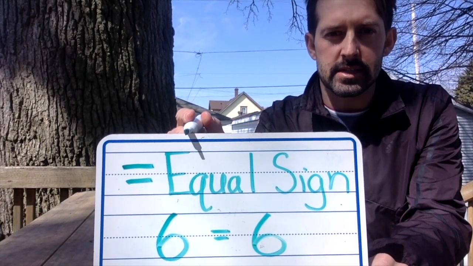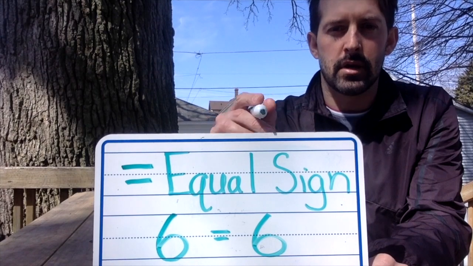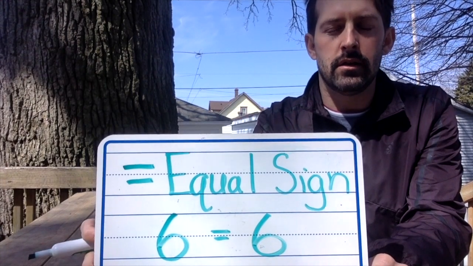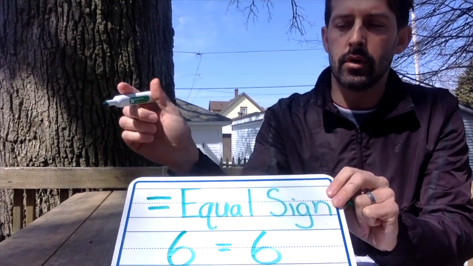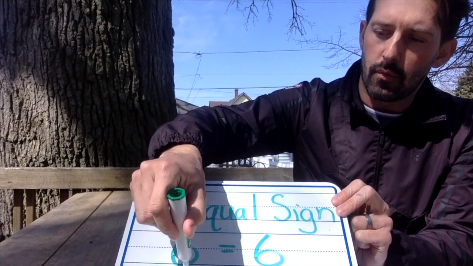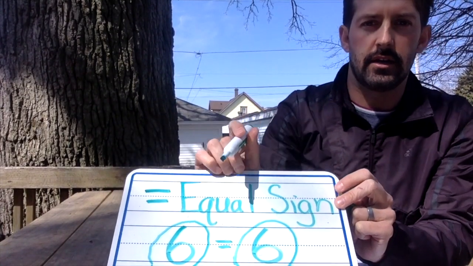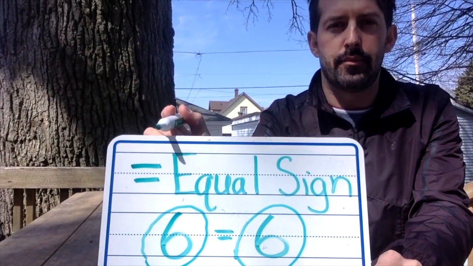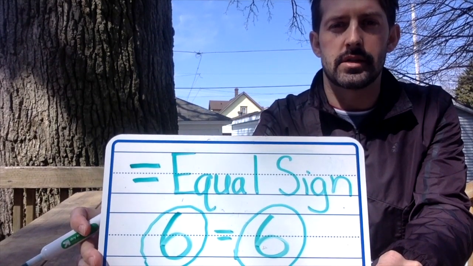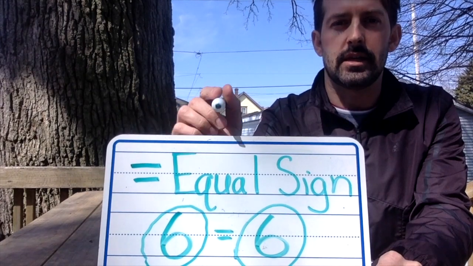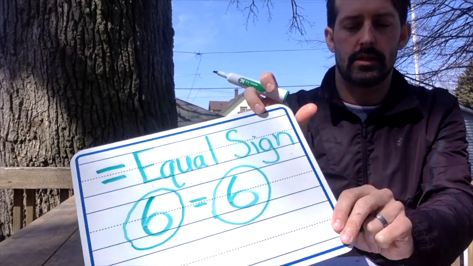Is 6 the same as 6? When I look at the equal sign, it's important to look at one side compared to the other side. The equal sign means that both sides are the same. 6 is equal to 6. That is true.